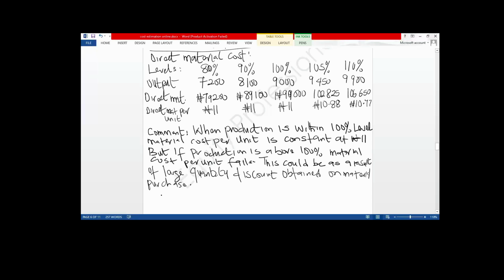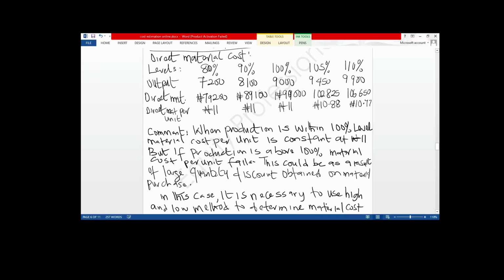In this case, it is necessary to use the high and low method to determine material cost per unit.